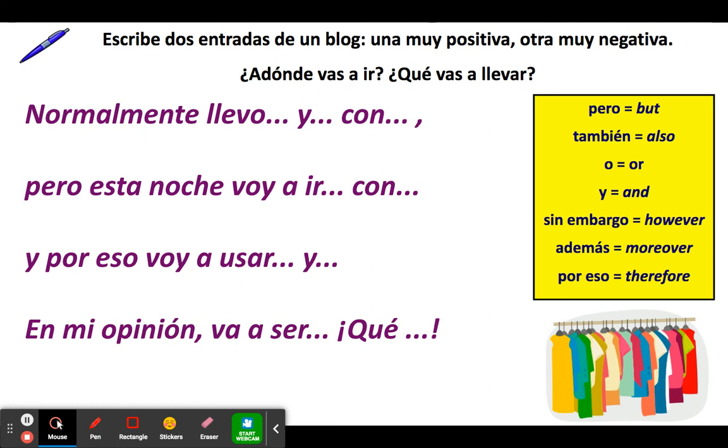So you have pero, which is but, también, which is also, o, which is or, y, which is and, sin embargo, which is however, además, which is moreover, and por eso is therefore, okay? So go ahead, guys, and try to make up a paragraph with this, and I think that's it.